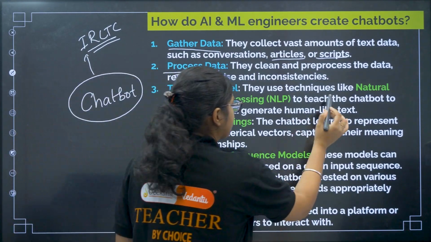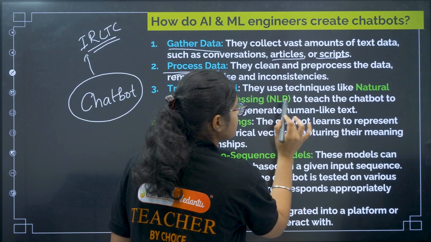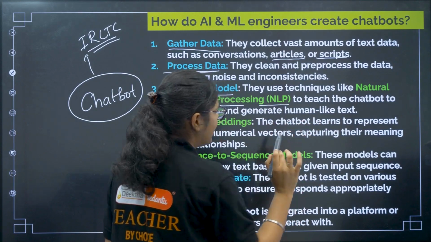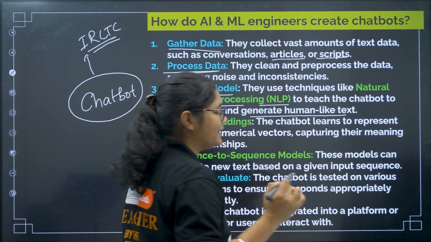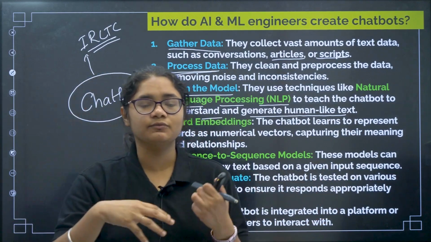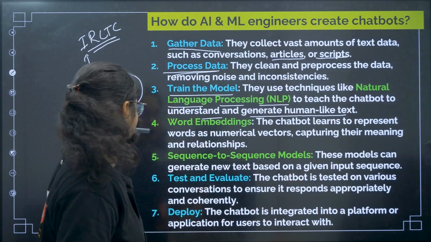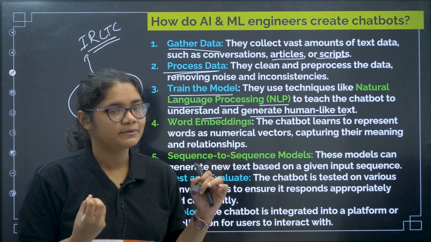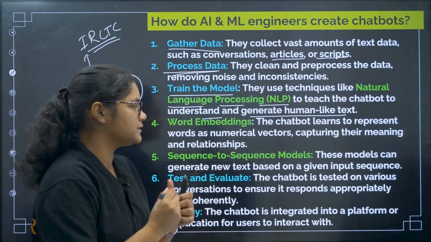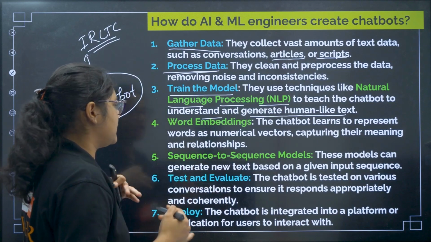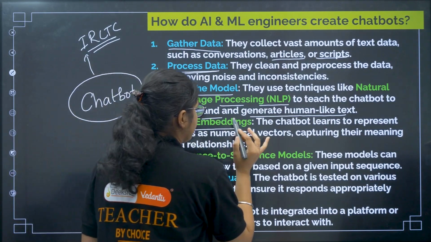There are different techniques like natural language processing, NLP, which teaches the chatbot to understand and generate human-like text. So one of the trainings that can be given to the chatbot is to understand what the customer is asking and to reply like a human. That is one technique. Next, word embeddings.